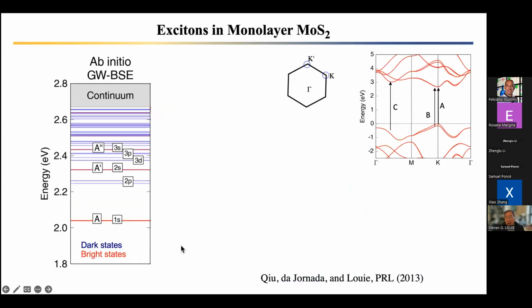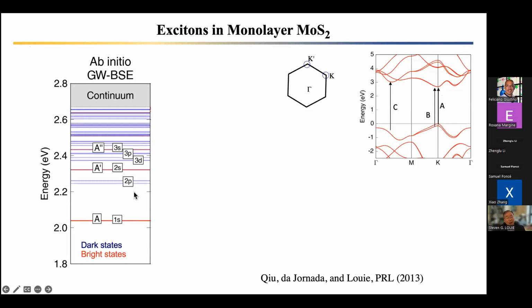And the individual energy levels of the exciton, in fact, are very different from that of the bulk also. Here are the initially calculated excitonic levels for the A transition here at the K point, K valley. And what you see is very strong binding energies for all the states.